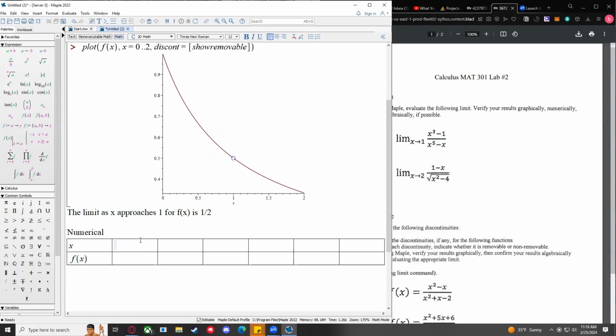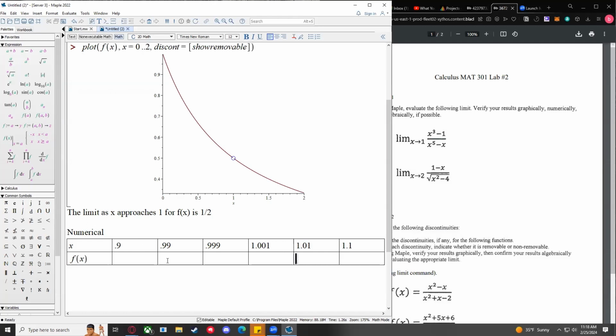And then my columns are just going to be the values that I'm plugging in here. So some numbers close to 1 would be things like 0.9, 0.99, and 0.999. And then now from above, it would be 1.001, 1.01, and 1.1.